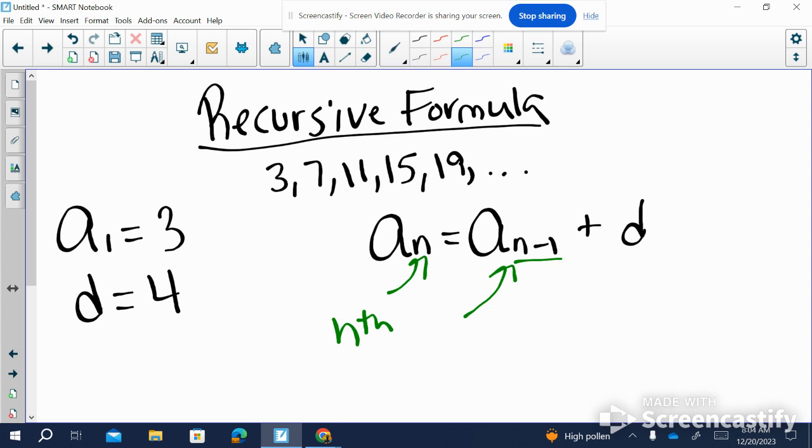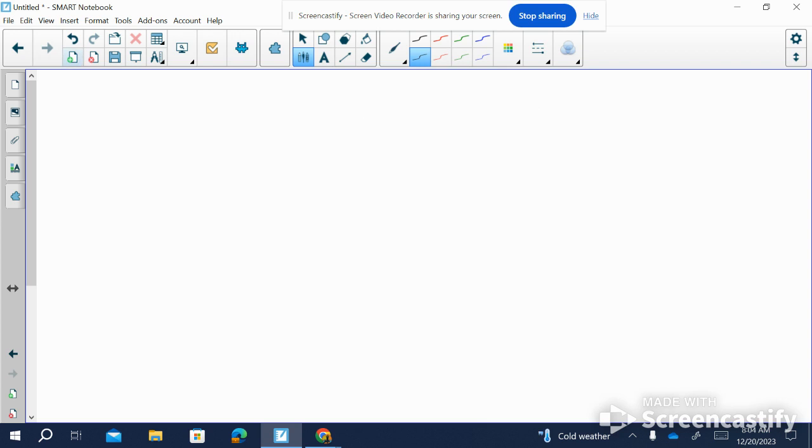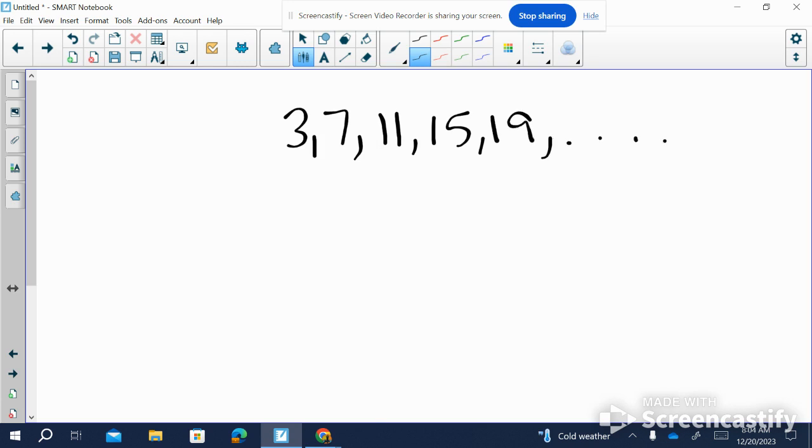It's important that we know what A sub 1 is. So when we are using this formula, not only do we use that, but we also specify what A sub 1 is. Let me show you. Again, we have 3, 7, 11, 15, 19, and so on and so forth. The recursive formula in general looks like this.